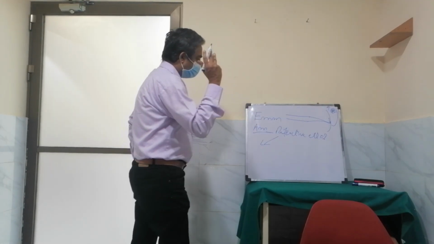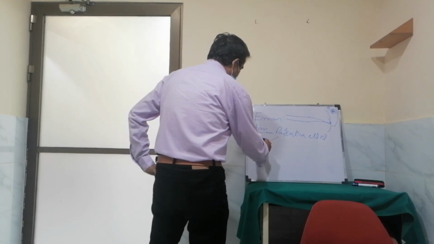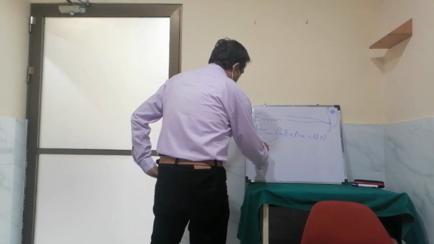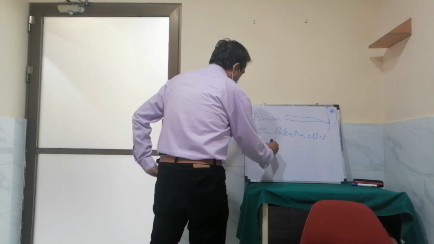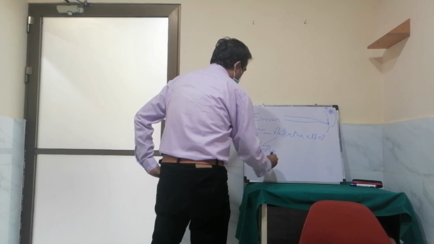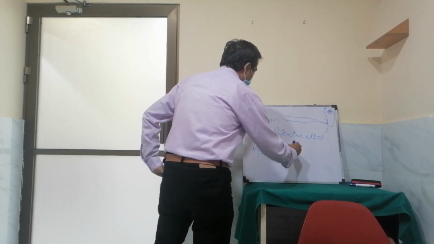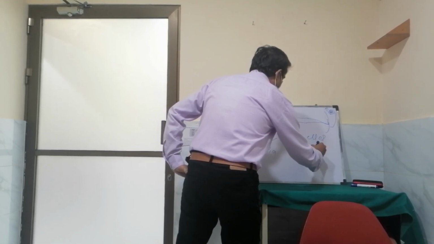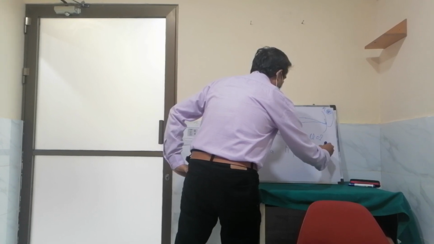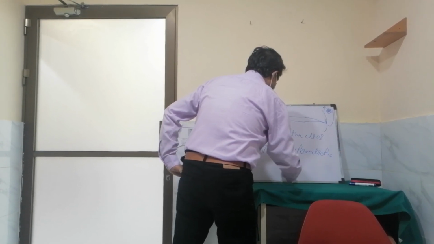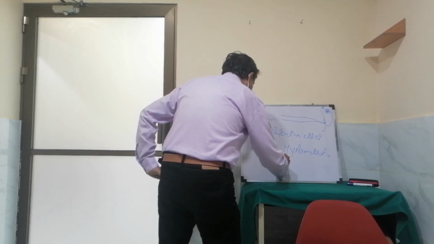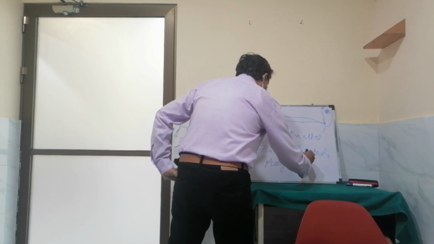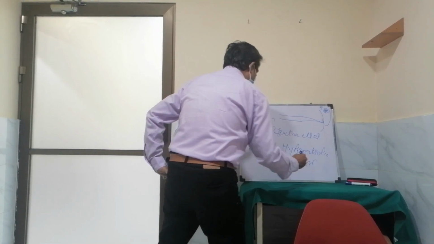Now there are three types of refractive error. Number one, myopia. Hypermetropia or hyperopia, and third is astigmatism.